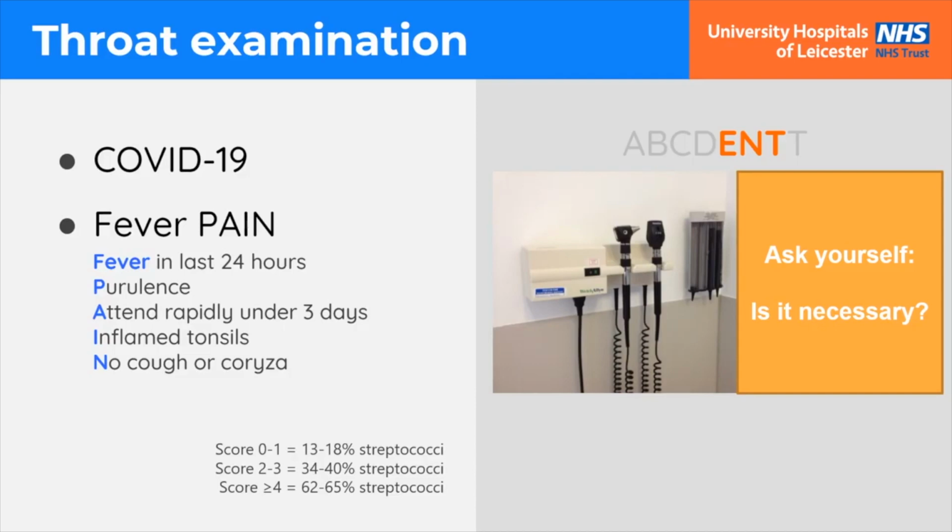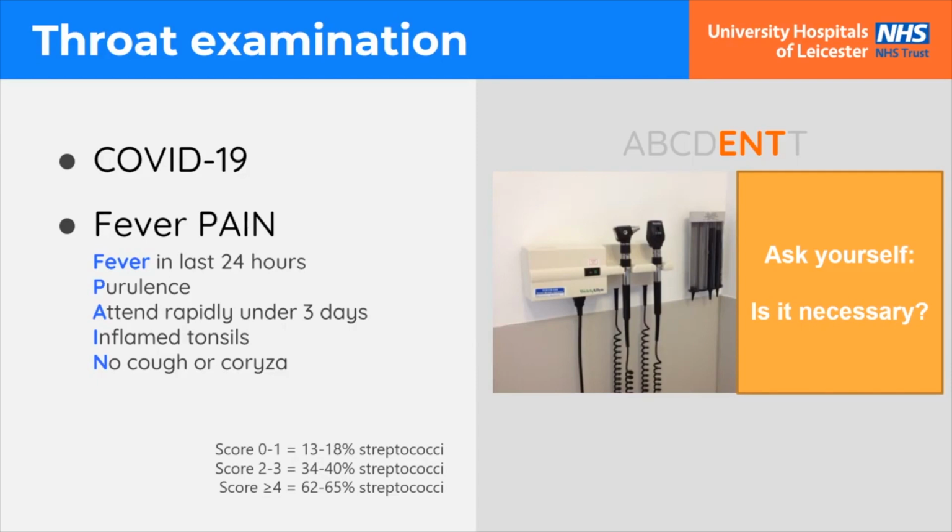If we think about a presentation of fever with a complaint of sore throat, with palpable cervical lymph nodes and no coryzal features, we can see from something like the fever pain score, which is used to help make the decision about antibiotics or not, that there is actually little to be gained by looking directly at the tonsils in these kinds of presentations.